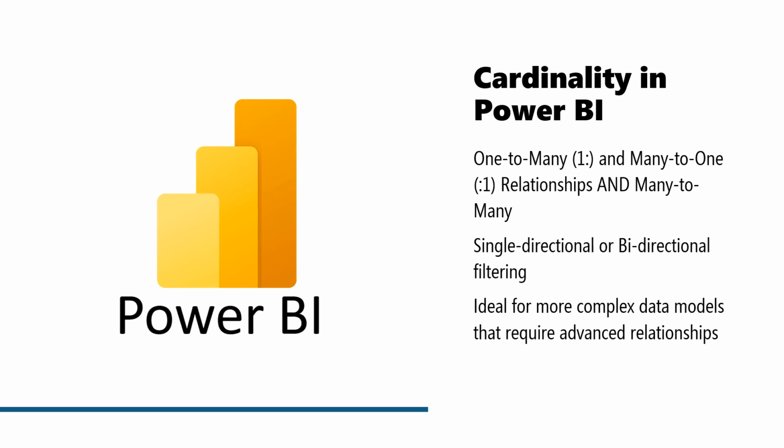When we create relationships in Power BI, we can choose the cross-filter direction that best suits our needs, either single or both. This flexibility allows us to design data models that can handle more intricate queries and analyses. Power BI is ideal for more complex data models that require advanced relationships. It's a powerful tool for creating enterprise-level reports and dashboards, giving us more control over our data modeling.